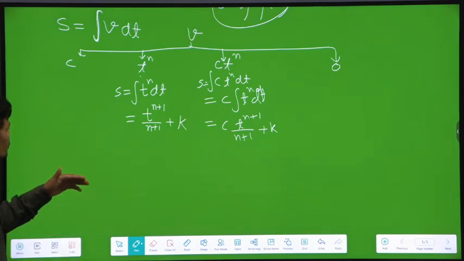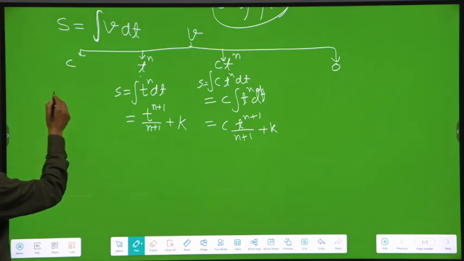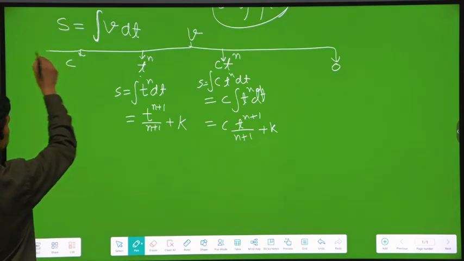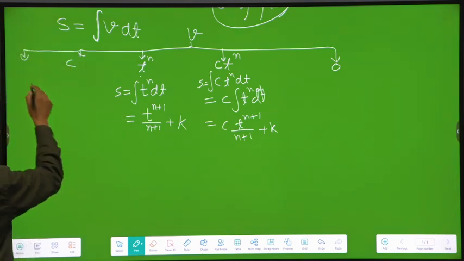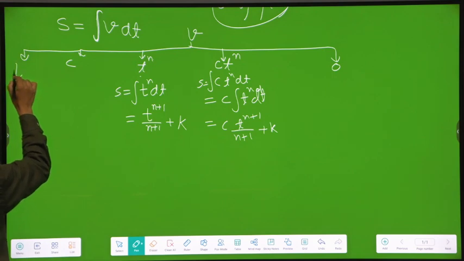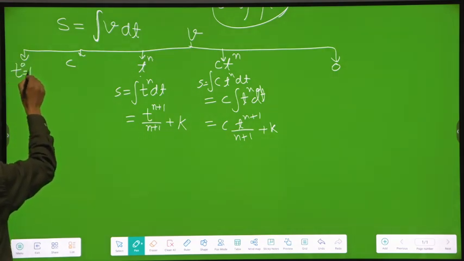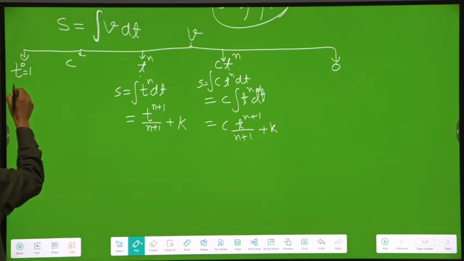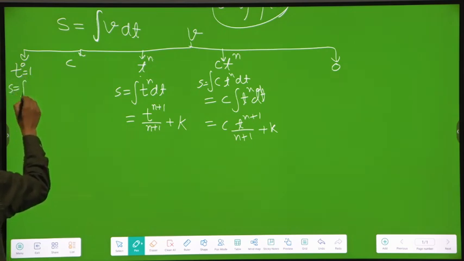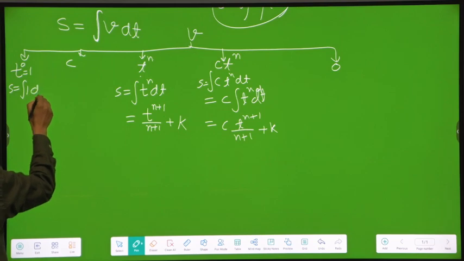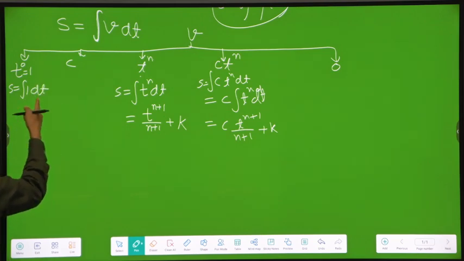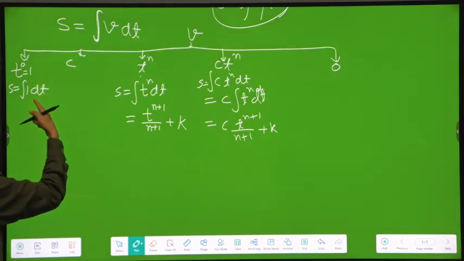Before that, let t to the power 0, v is equal to t to the power 0, that is 1. So if we are integrating 1, remember this thing, this will come again and again.